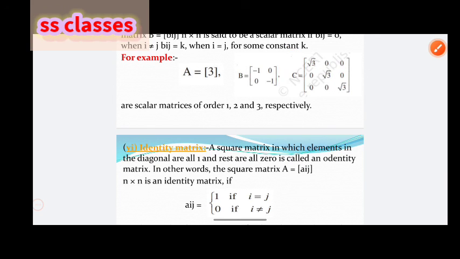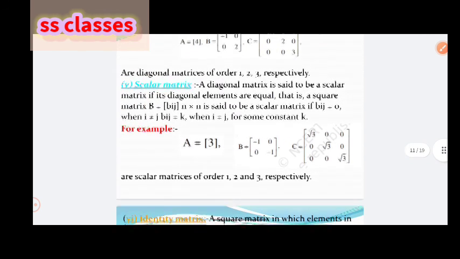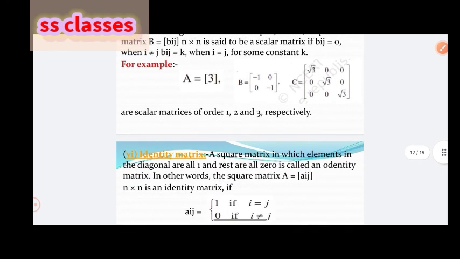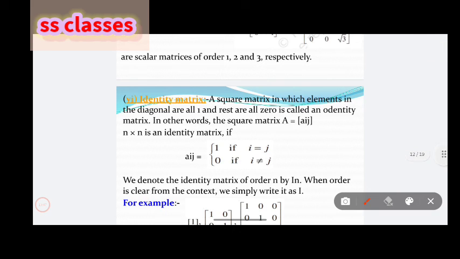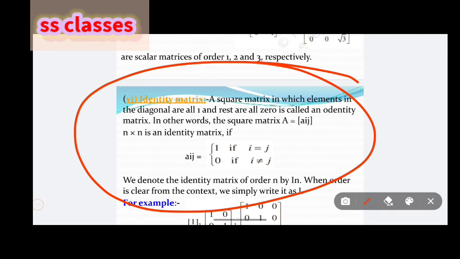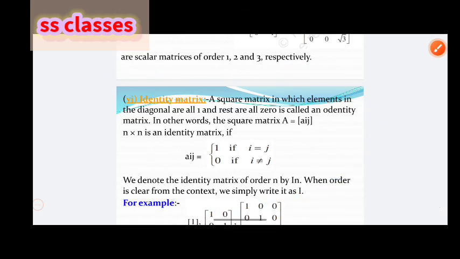So these matrices are always diagonal matrices, and always square matrices. The square matrix has a part called the diagonal matrix, and the diagonal matrix has parts called the scalar matrix and the identity matrix. But which is the most important? The identity matrix. It is the most important in this matrix chapter.